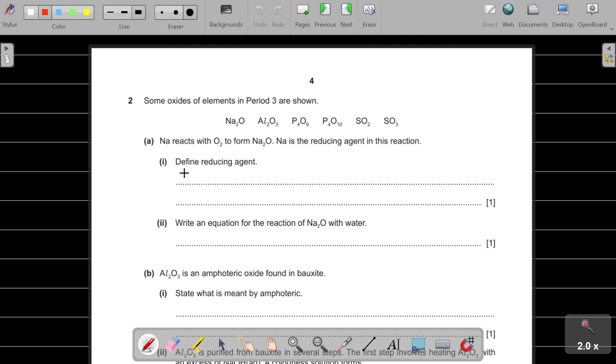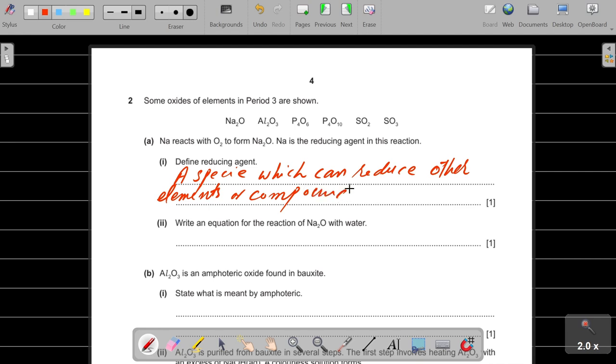A substance and element are species, which can reduce other elements or compounds, but oxidize itself. Okay.